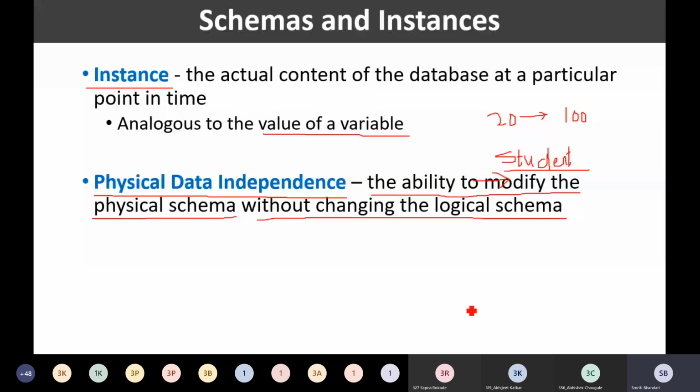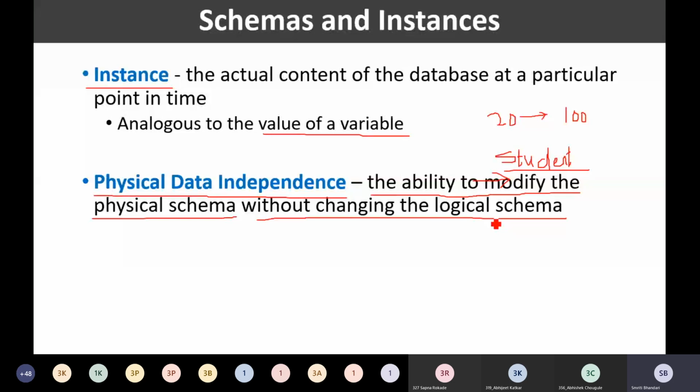If I modify my physical schema, it should not affect my logical schema, because underlying the logical schema I have the physical schema. The logical schema describes how I have stored the data, say the way I am storing my instructor record, with these 4 components.